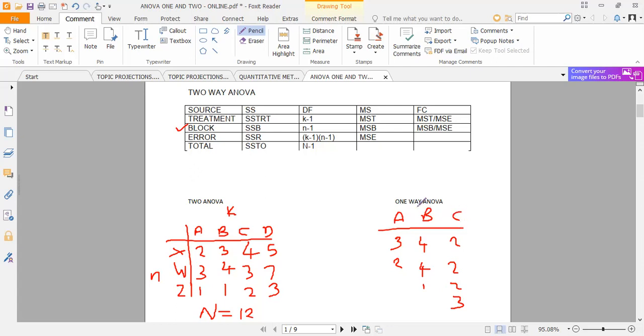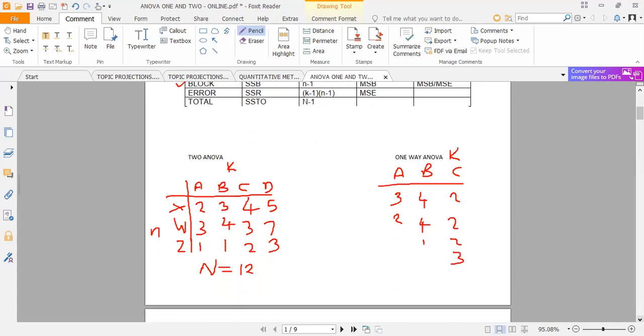So we only have what? K here, the number of treatments, which is the number of columns we have. This is 3. We don't have small n. Even if they were regular here, as long as there's no title this side or a source of variation, it is still a one-way ANOVA.